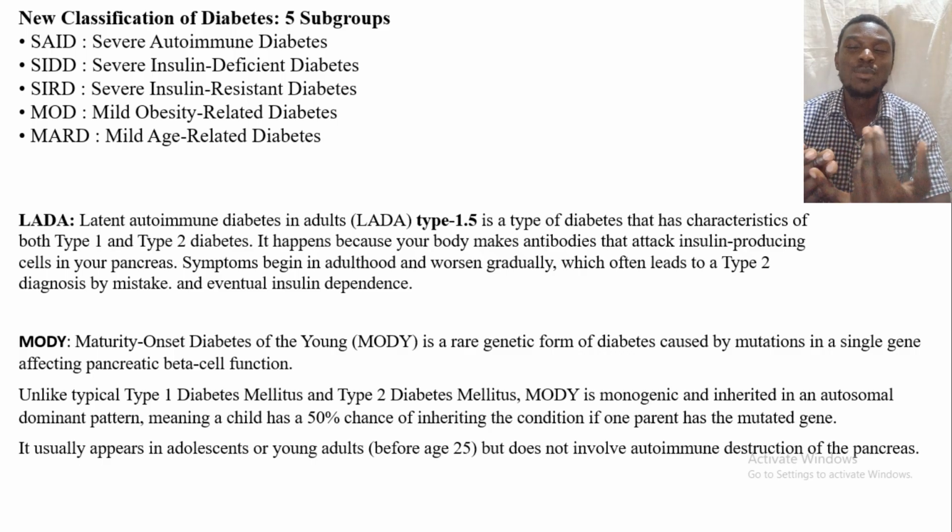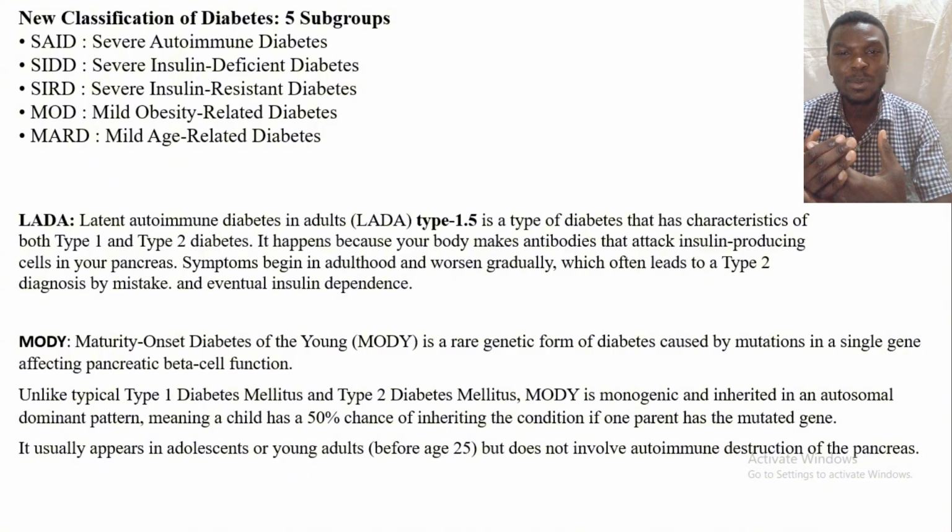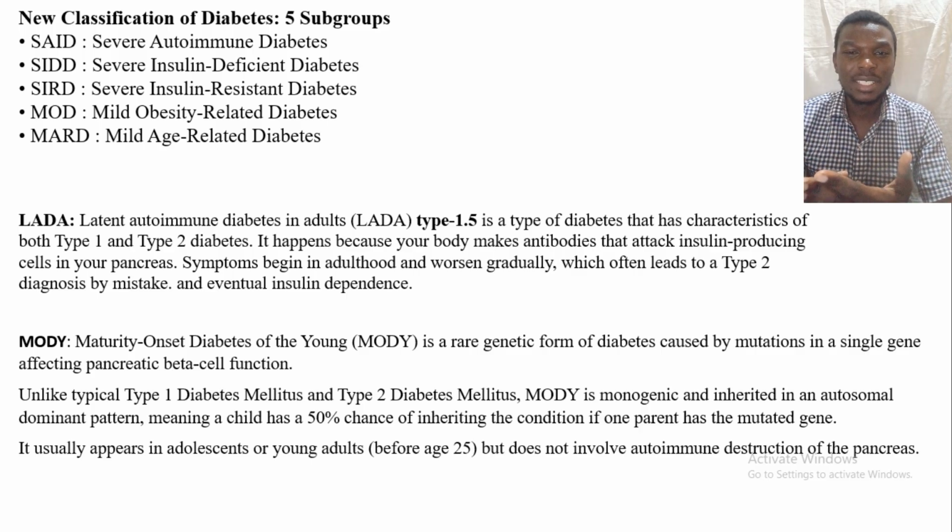You think maybe it's just poor compliance, but the patient indicates that they are compliant to medication. You try to admit the patient so that you can administer these medications yourself. Still, the blood sugars are not improving. But the moment you start the patient on insulin, the patient starts improving. So it may be because you had misdiagnosed this patient to be a type 2 instead of a LAD patient.